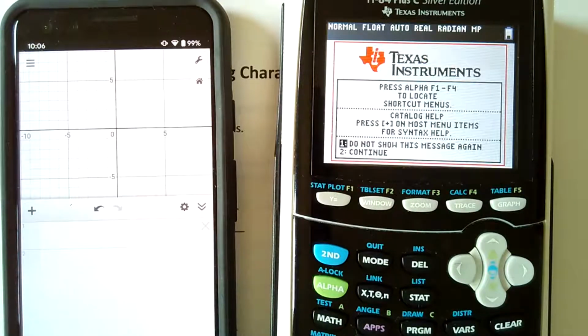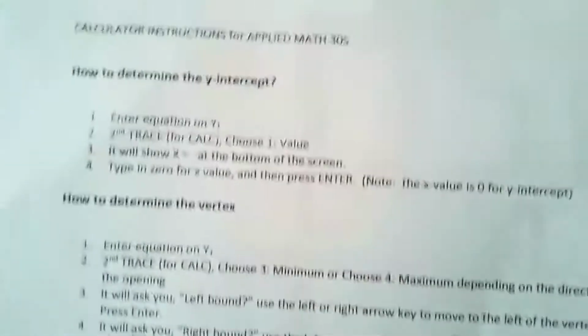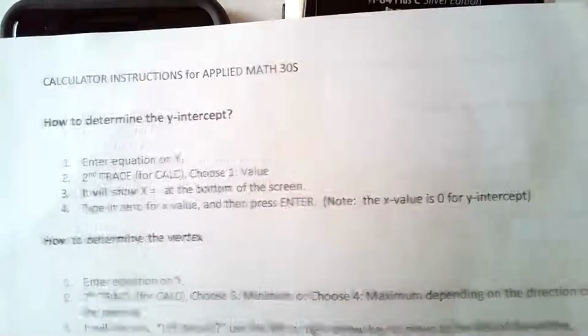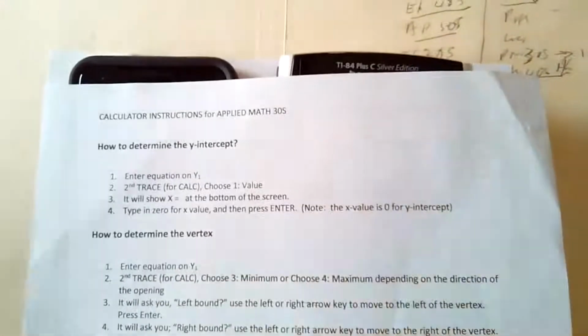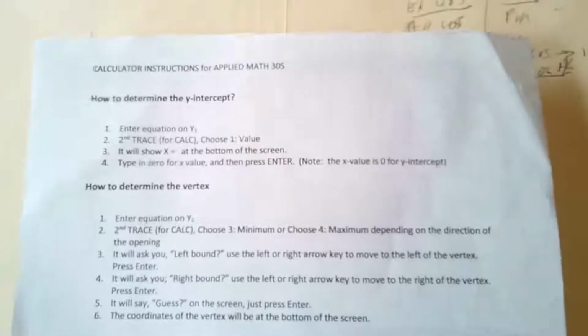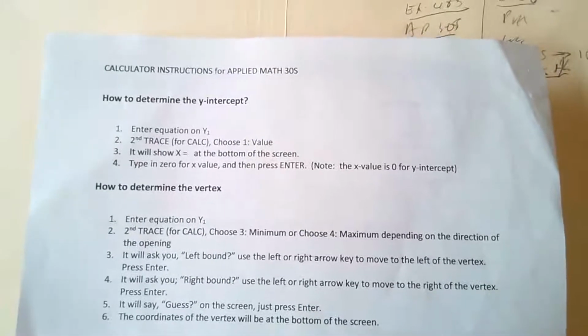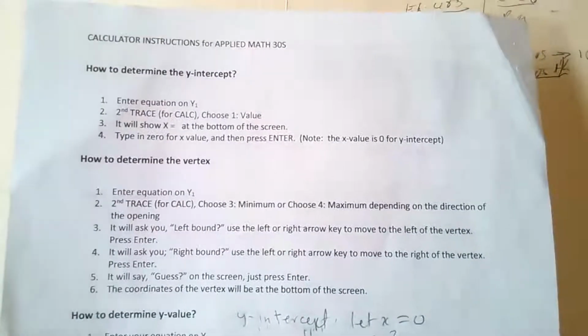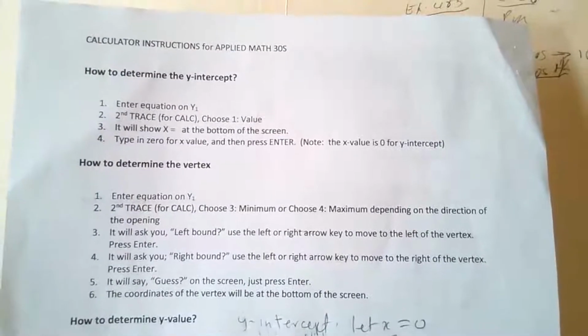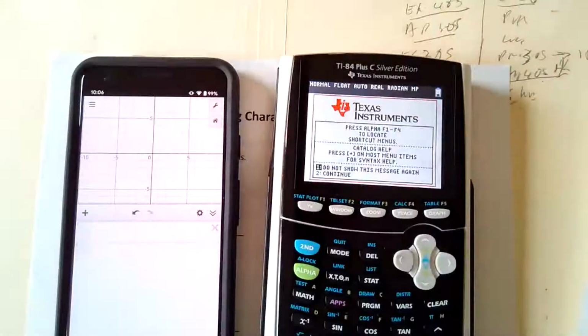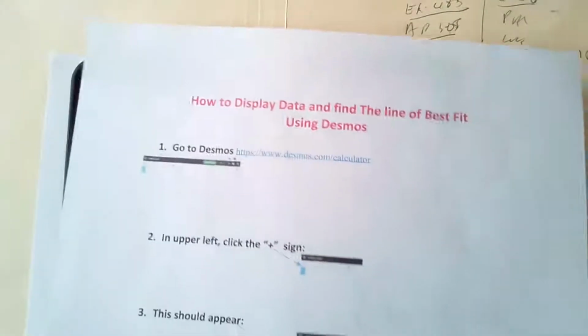Also, it would be good advice for those of you who are using the graphing calculator to zoom out a little bit, and to have with you this handout, how to use a calculator. This would come in handy. Or if you're using Desmos, this handout here.